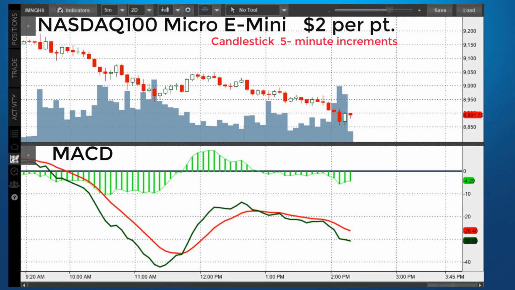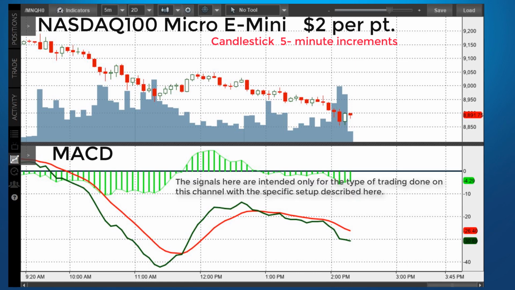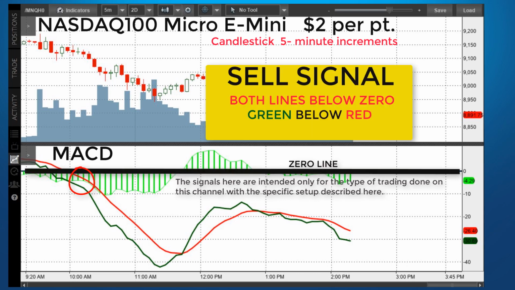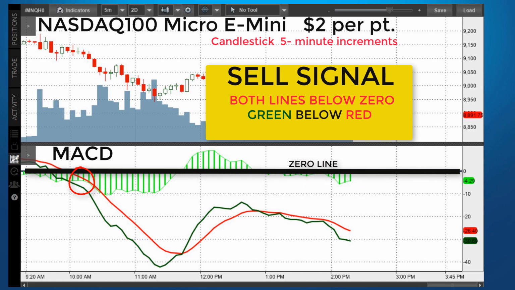And there are two things with the MACD, the buy signal and the sell signal. Here on this chart, we have a sell signal. I know a sell signal because it's defined as when both the red and green lines are below the zero line on the MACD in the lower pane. And not only are they both below the zero line, but the green line is below the red line.